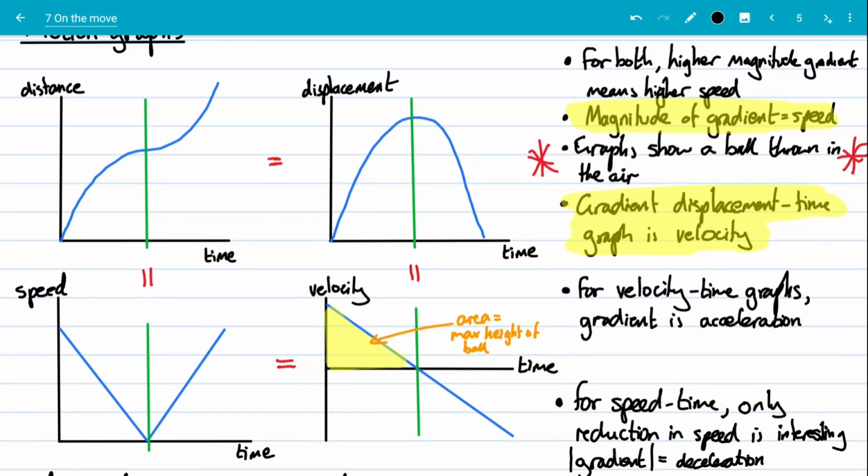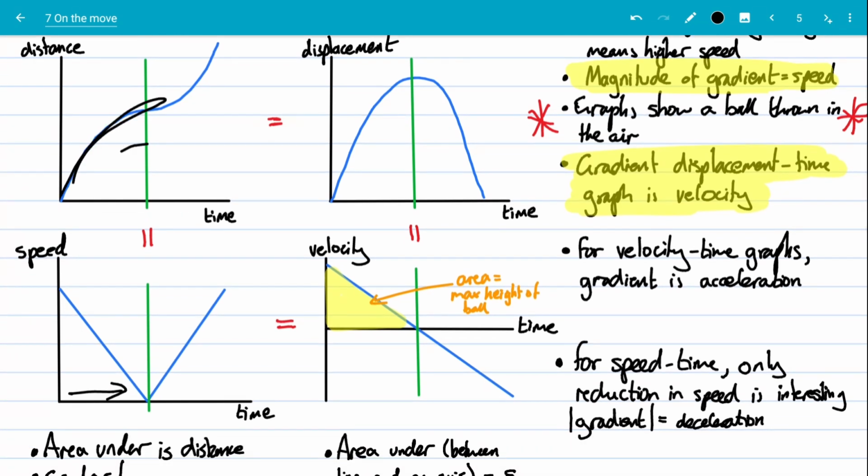So you can see that the distance is increasing, but in decreasing amounts until there, where the distance doesn't increase for a bit, which is what we've got there, and the distance continues to increase, which is what we see here. And as we move along the x-axis of the speed time graph, approaching the green line, the amount of extra distance is smaller and smaller and smaller each time, which is why this is curving like that.